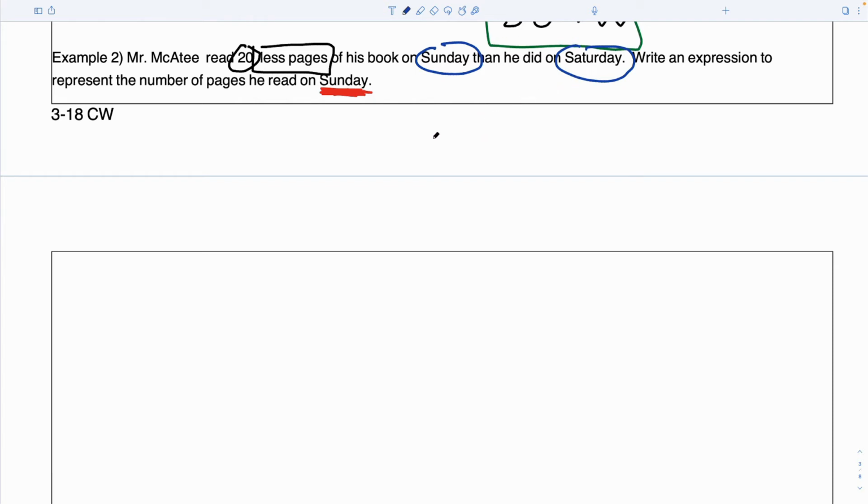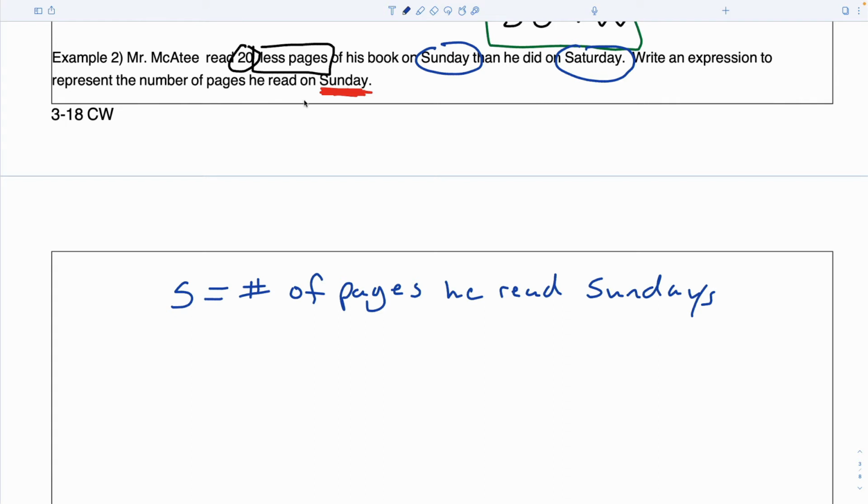Jackson: Sunday. Let's check. If S equals number of pages he read Sunday. Hadley said this was subtracting. If I subtracted 20 from Sunday's, do I get Saturday's amount?